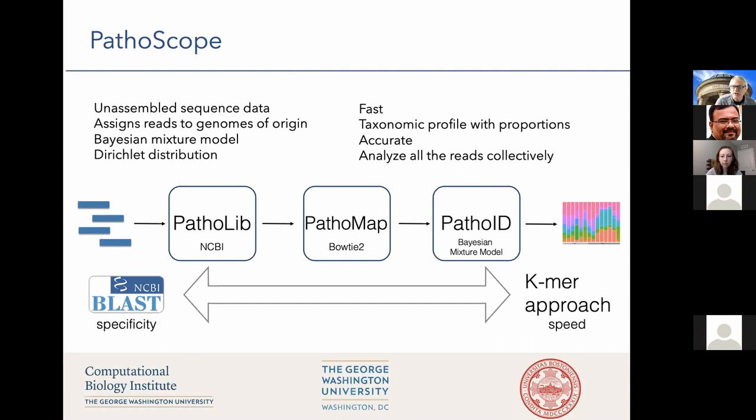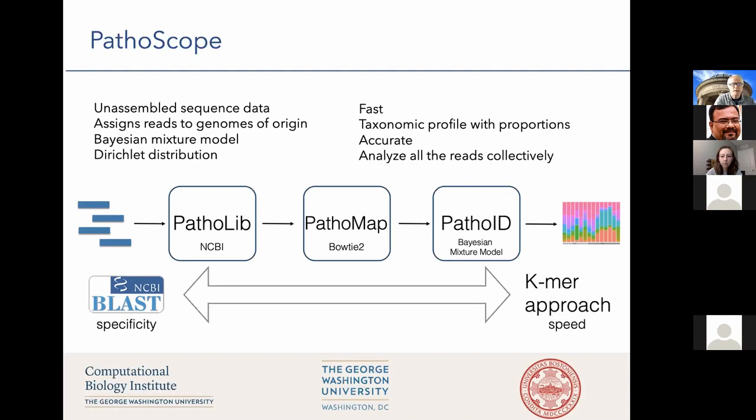But then our secret sauce is our Bayesian mixture model, where we look at mapping probabilities and remapping probabilities. So the problem with a lot of mappers is ambiguously mapped reads, where ambiguously mapped reads are treated typically in one of two ways. They are either mapped with uniquely mapped reads, in which case you don't get a lot of good resolution and differentiation, or they're tossed, in which case you're throwing away most of your data.